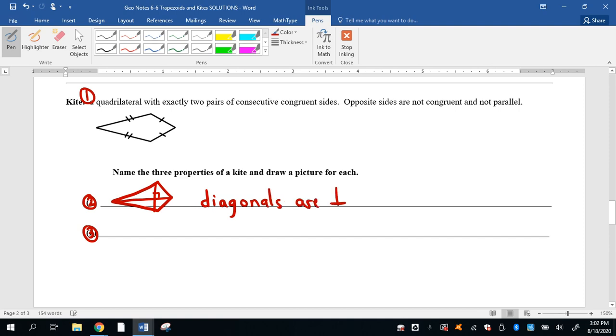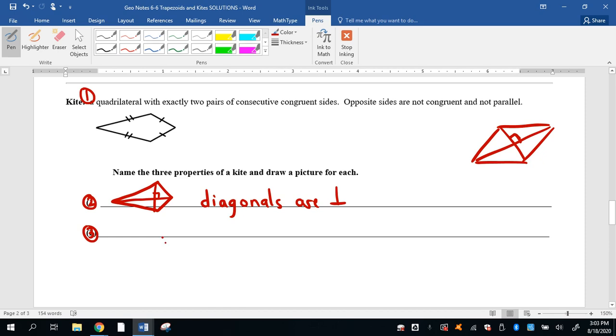Now, remember another figure where the diagonals are perpendicular, that's a rhombus. So just because we have a quadrilateral where the diagonals are perpendicular, we don't know if that is a square, a rhombus, or a kite. So you can't go forwards and backwards with those. If it's a kite, then we know that the diagonals are perpendicular.